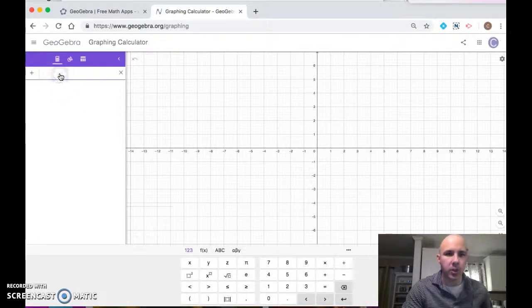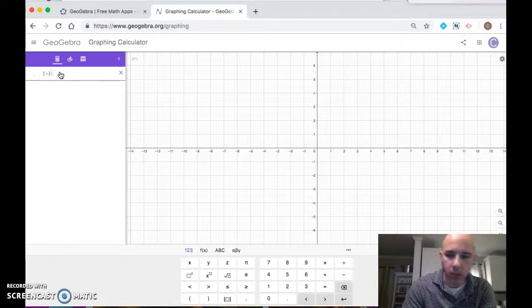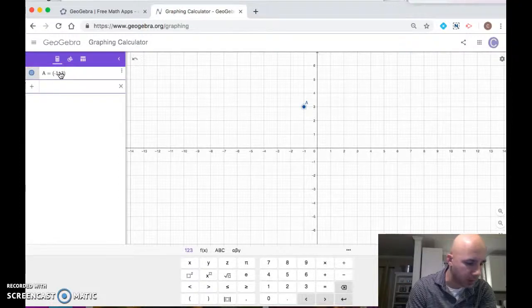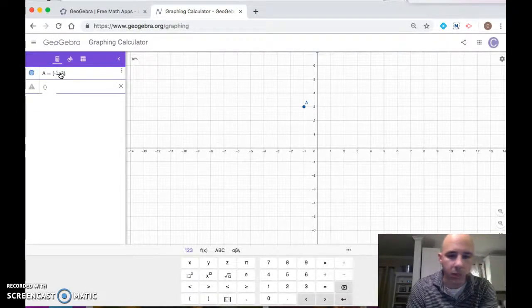All right, so the first thing I want to do, for example number 4, is plot these points. So go ahead, put in -1, 3, hit enter. There goes my point. Do the same thing for the next point, which is R, 3, 1.